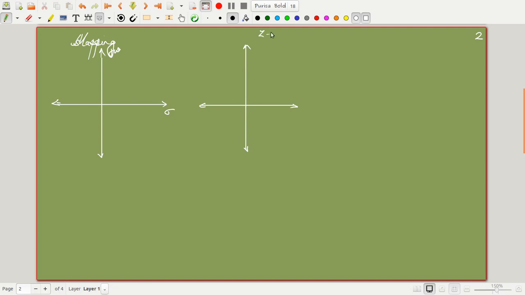Here also I will write sigma j omega. So we know the transformation here. I will write down the transformation here: Z equal to e raised to sT. And here T is the sampling period, right? We all know T is the sampling period.